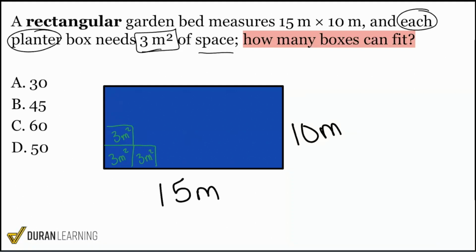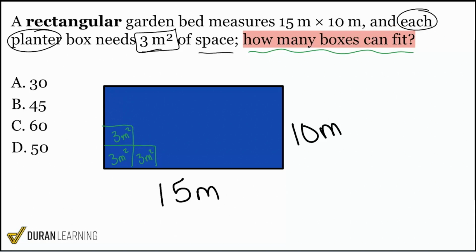Everybody, what's the key word in this red highlighted text over there? What's the key word that I really want to underline to give myself an idea of what operation we need to do? Again, right here, which of these words in the red highlight specifically should I circle? Yeah, the word fit.